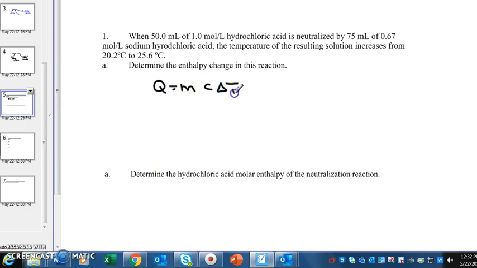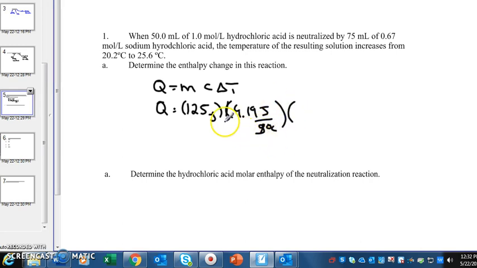That total amount of energy, that enthalpy, is going to be equal to the mass. Now, given we've got 125 milliliters, means 125 grams, multiplied by the heat capacity of water, 4.19 joules per gram degrees Celsius. And the change in temperature is 5.4 degrees Celsius.